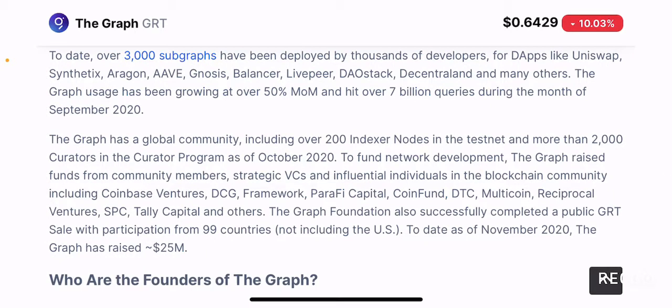But if you see, to date, over 3,000 subgraphs have been deployed by thousands of developers for dApps like Uniswap, Synthetics, Aragon, Aave, Gnosis, Balancer, Livepeer, DAOstack, Decentraland, and many others. The Graph usage has been growing at over 50% month over month and hit over 7 billion queries during the month of September 2020.